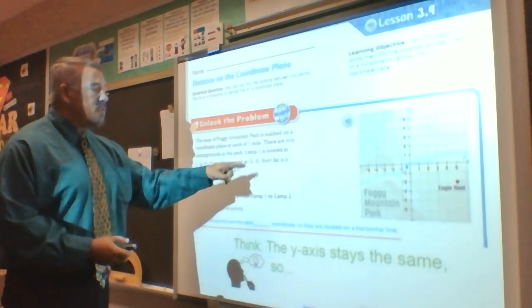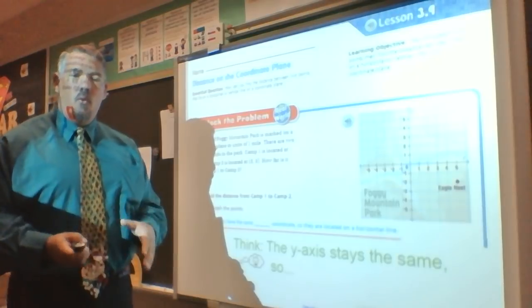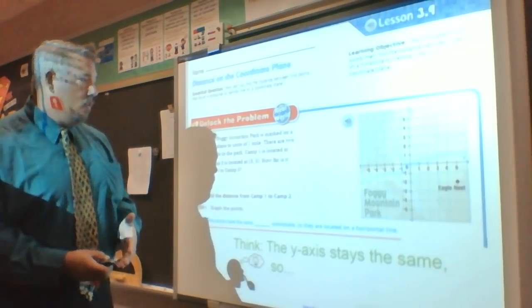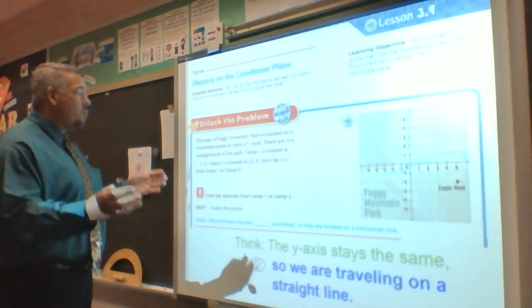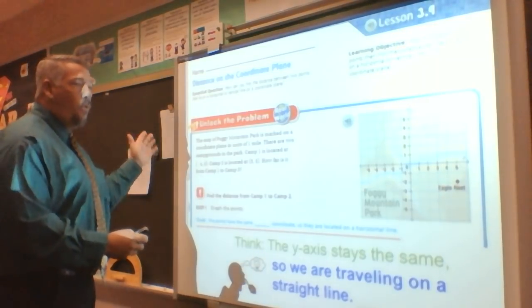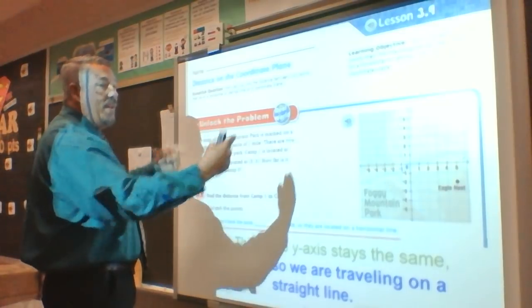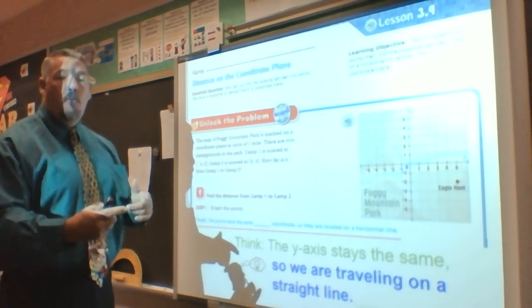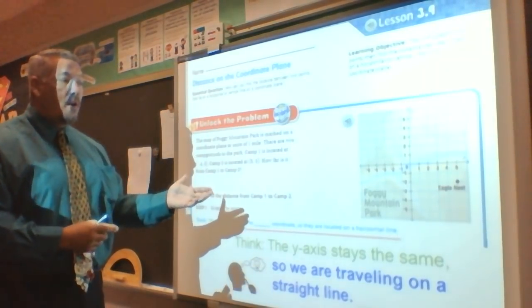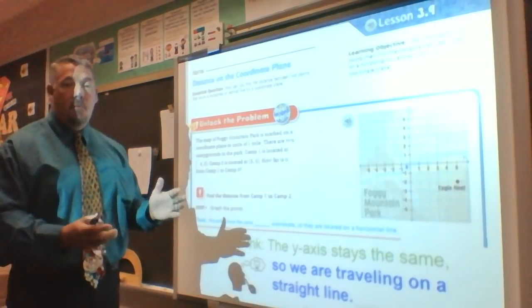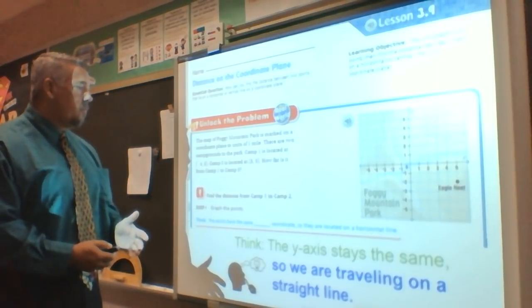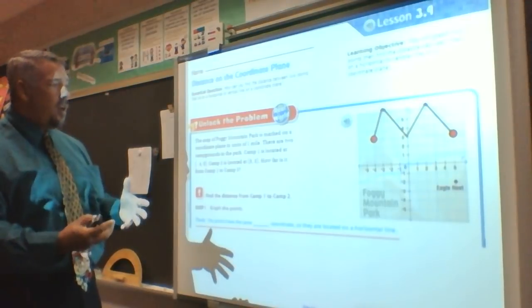On my y-axis, I have a +3. Well, what does that tell me? That would tell me that they're both on a straight line. I'll go forward and I'll go backwards, but at +3, they're both going to be at the same height on my map. That'll make it easier when I go to do my math, because they're going to be straight across from one another.